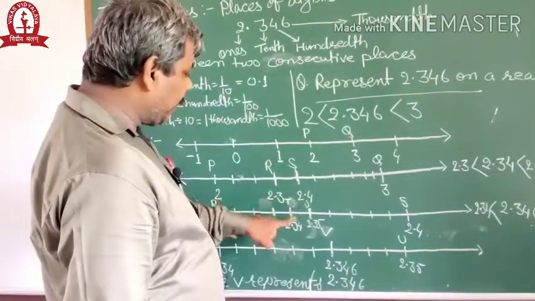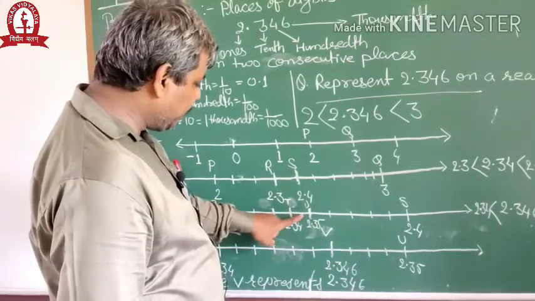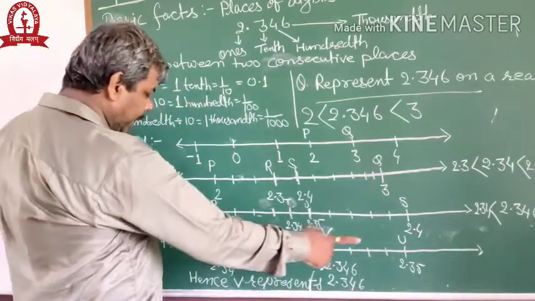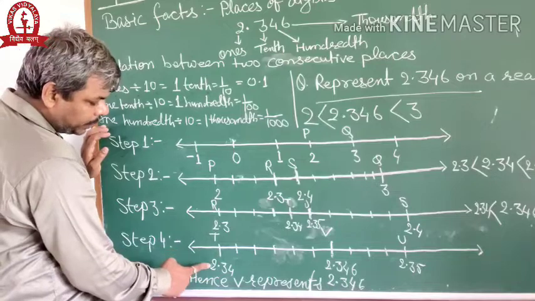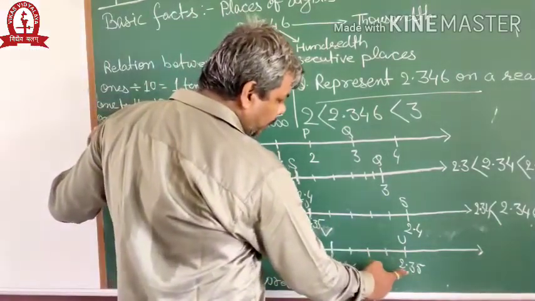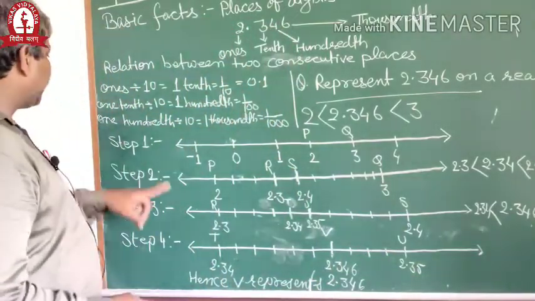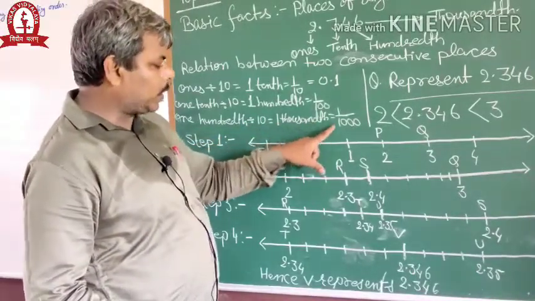Again we magnify this distance, which is equals to 100th unit. We draw the real line again and mark T, which represents 2.34, and mark U, which represents 2.35. And we know that 100th divided by 10 equals to 1000th.